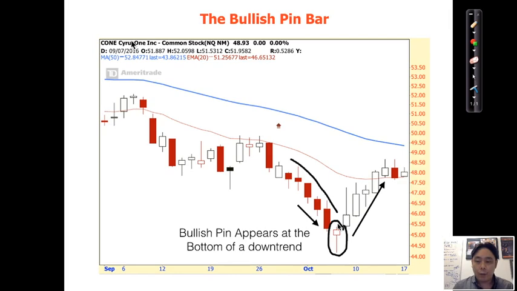That's where we could put a buy order just a few cents above the high of the candle and a stop loss just below the low of the candle, right? Now, again, ideally, I would like this to appear at the support of an uptrend. But in this case, it's appearing on a downtrend. So if I were to buy it here, what's happening? I'm trading against the trend, right? It's a counter trend trade.